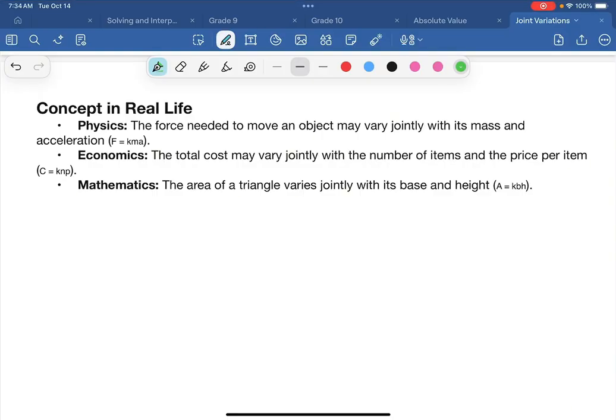So for the formula, we have C varies directly as N and P. And last one for mathematics, the area of a triangle varies jointly with its base and height, in which A varies directly as B and H.